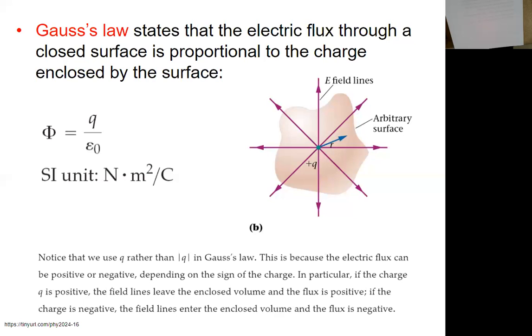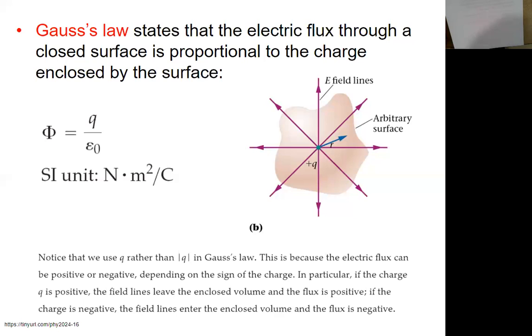Now, we use just Q. So if you have positive Q, you'll get a positive flux because the electric field lines leave the surface. For negative Q, you'll get negative flux because the electric field points toward the charge and enters the surface. So your flux could be positive or negative, depending on your charge.